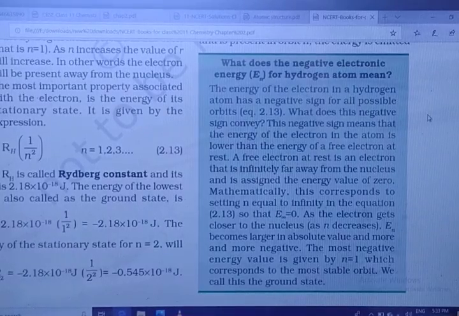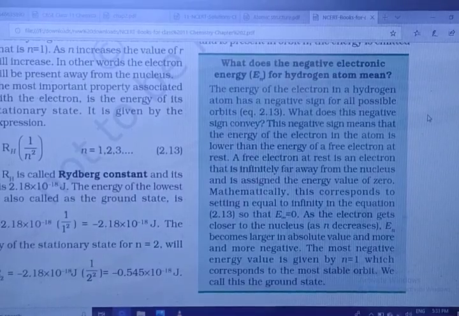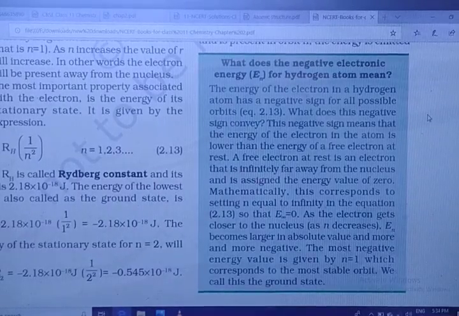Just suppose the electron should be in the second orbit in the free state, but it is in the first energy level. A free electron at rest is an electron that is indefinitely far away from the nucleus and is assigned the energy value of 0.